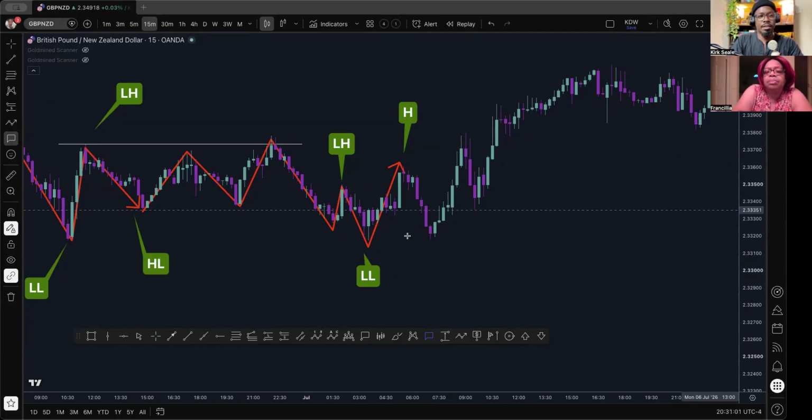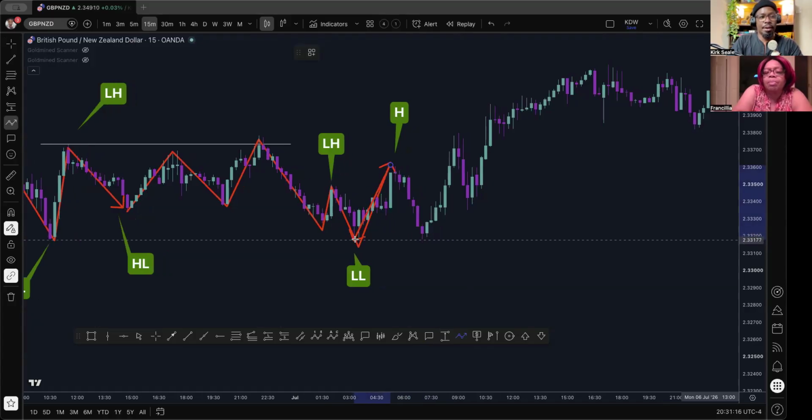Lower low, high. We're now going to wait and see if this is going to change direction, then we need to get a higher low. This low is higher than this low, like barely.